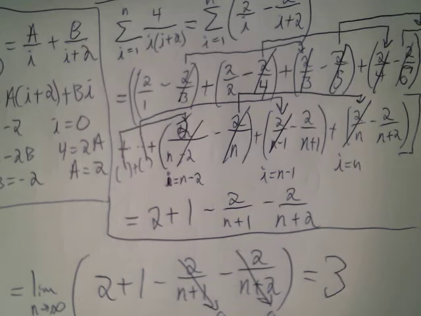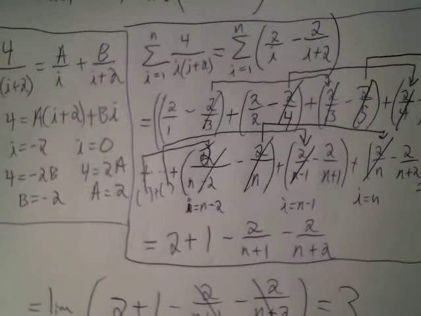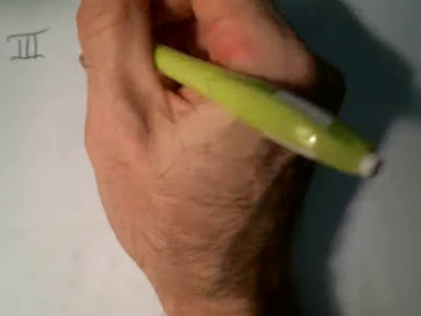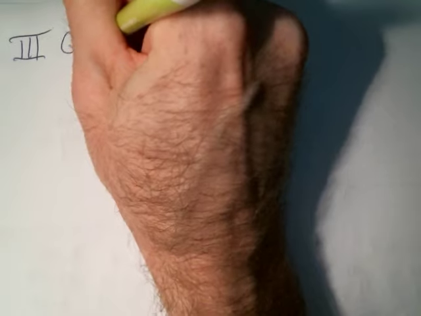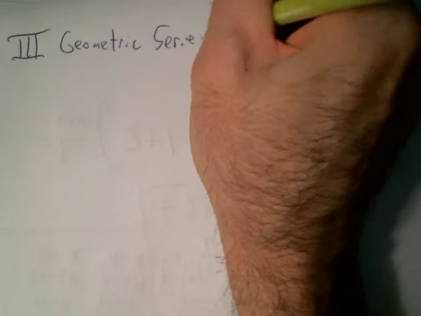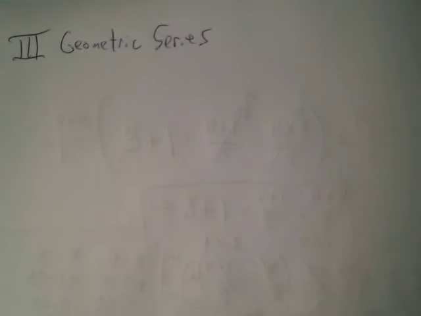Another situation where we can obtain an explicit S of n formula will be the geometric series. Rather than handling series by series cases here, we're going to group all the geometric series into a class and determine if they're convergent or divergent based off of the factors in the series.